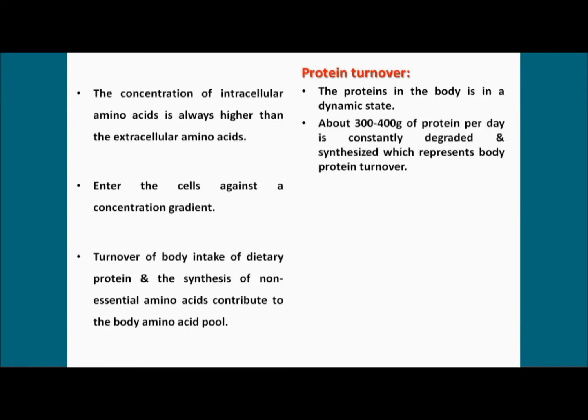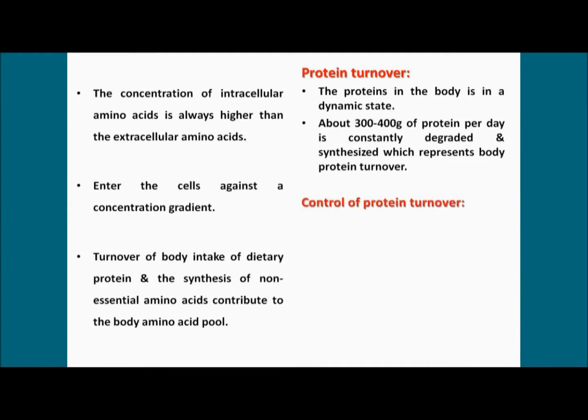Now about 300 to 400 grams of protein per day, just remember the amount, is constantly degraded and synthesized, which represents the body protein turnover. It is degraded and again synthesized, and this actually represents the protein turnover in the human body.